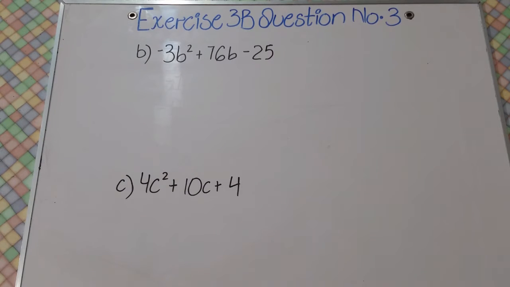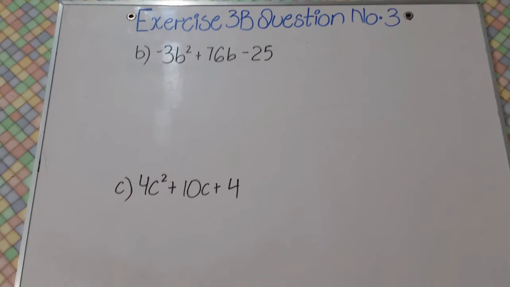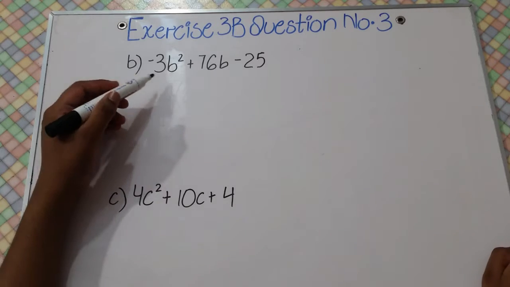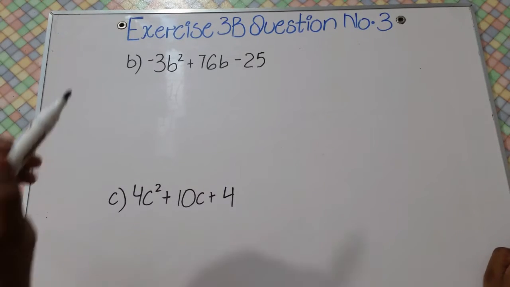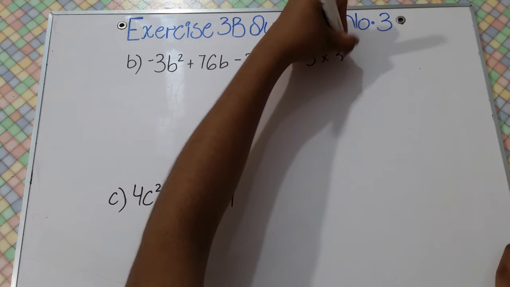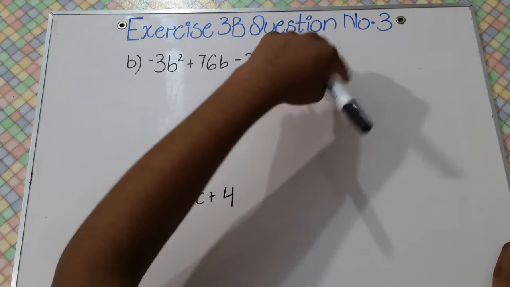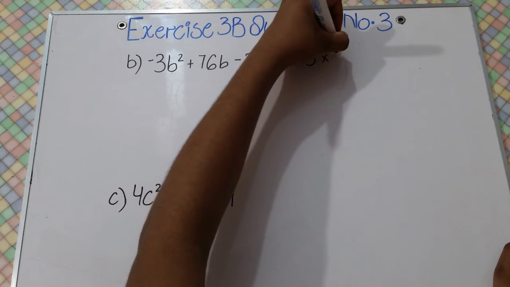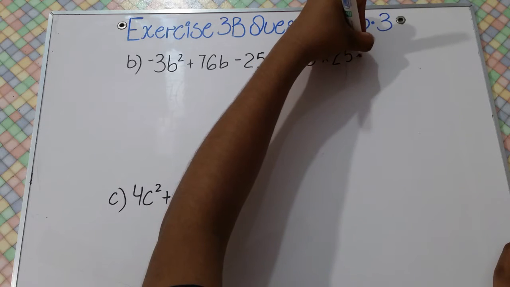So I have written part B and part C also. So first of all, now I'm going to solve it in the old method. Means 3 multiplied by 25 is 75.